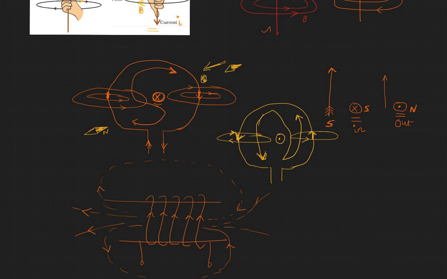This tells you that this side is your north, and this side is your south of the solenoid. You could also apply the previous rule that we talked about. If you view from here, your current is moving anti-clockwise, just like this. So the current is moving anti-clockwise, and you're facing the north.